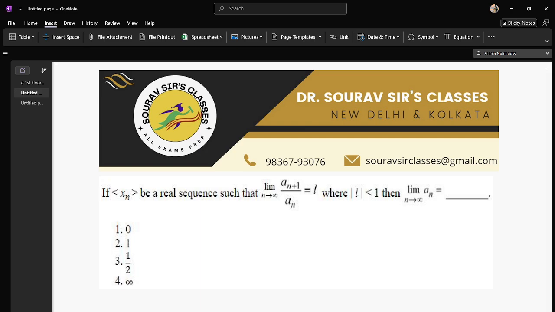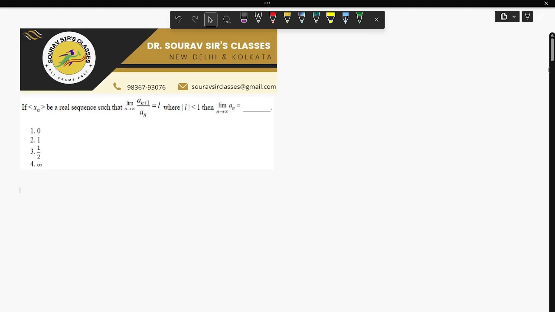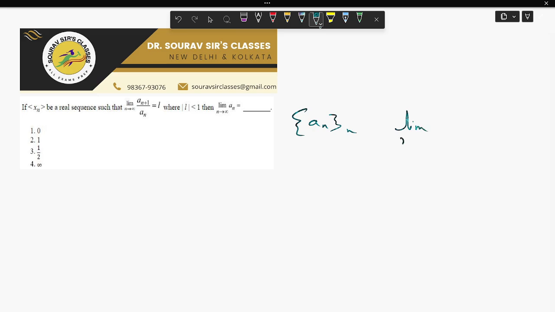So this is also a very easy question. We are given a real sequence an such that the limit n tends to infinity, a(n+1) upon an is equal to L, where the mod of L is less than or equal to 1, and we are tasked with determining the limit of this sequence as n tends to infinity.